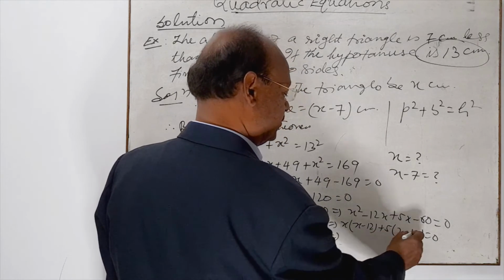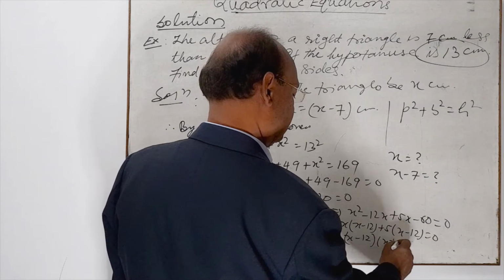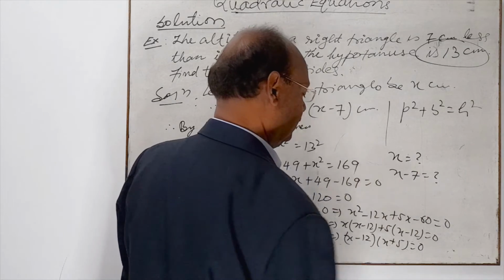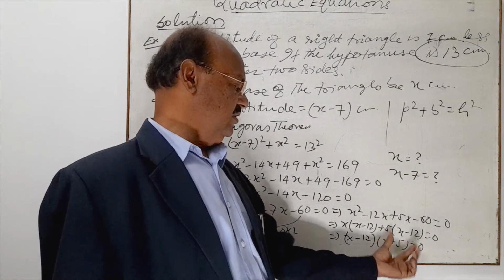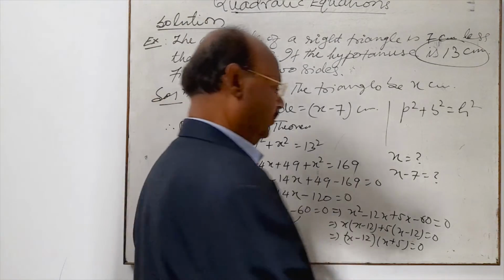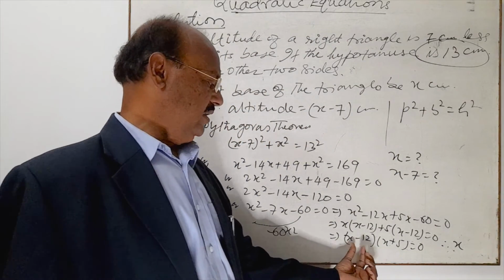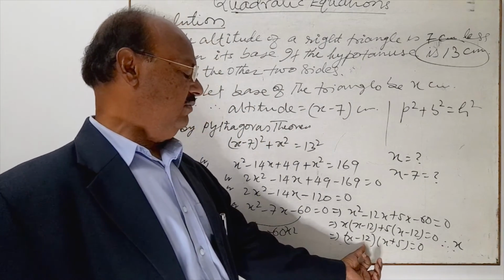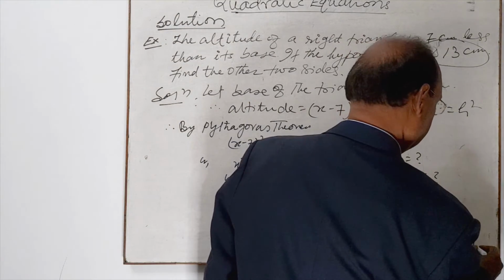Taking x minus 12 common, you will get x minus 12 is common, x plus 5 is equal to 0. So here the product of these two linear parts is 0. Either this will be 0 or this will be 0. So how do we get the value of x? When x minus 12 is 0, x is equal to 12.